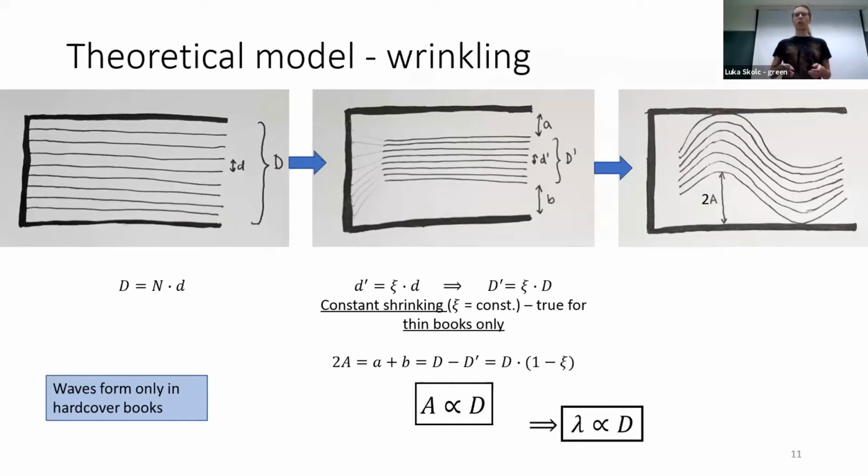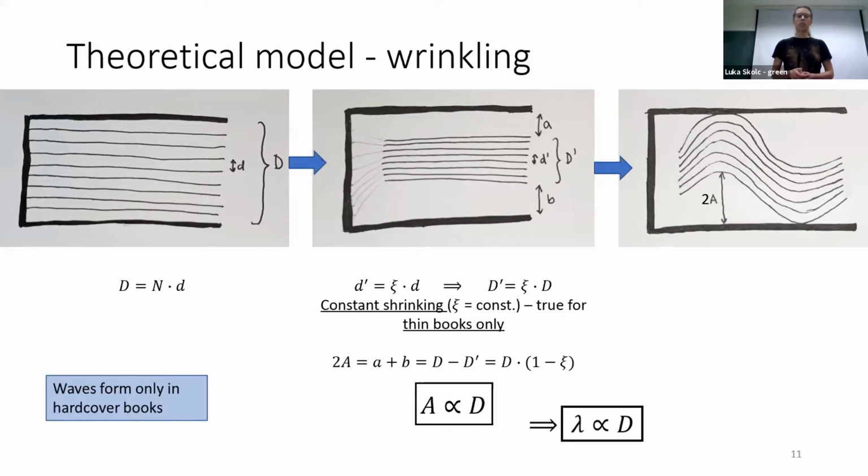In a new book, there is some space between pages, and when pages get wet, they stick together, and this distance between pages becomes smaller, only a fraction of the previous one. And there appears some extra space that we will denote by 2 times A. And we recognize this 2 times A as the amplitude of waves.